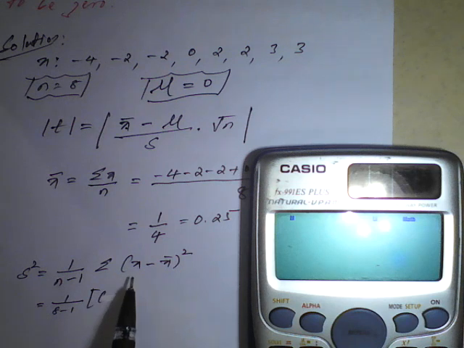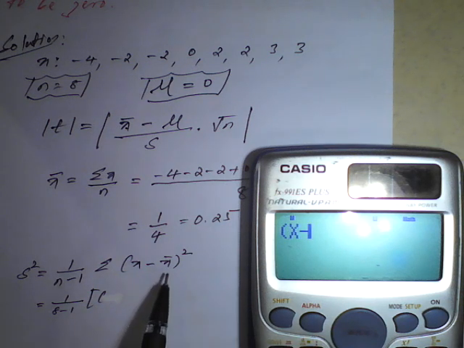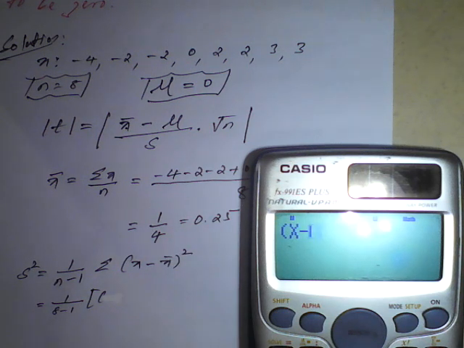To calculate this summation, x minus x bar whole square, we'll prepare a formula. So bracket alpha x minus x bar value is fixed for all the problems. So x bar we got 0.25. So I'll write 0.25, close the bracket, square, calc option.